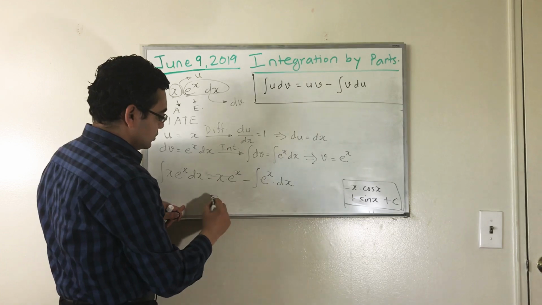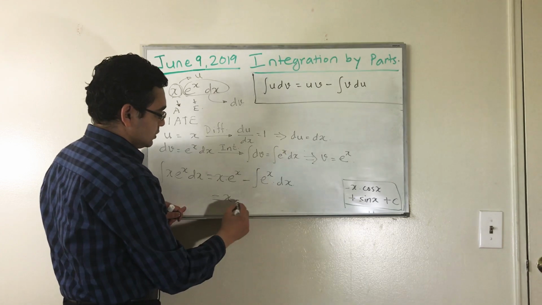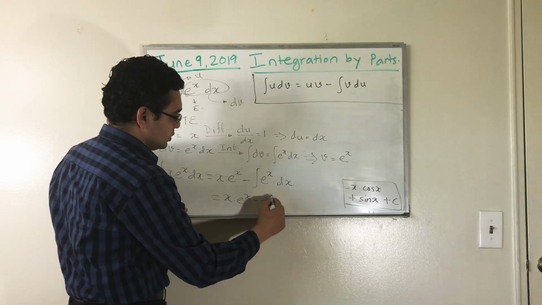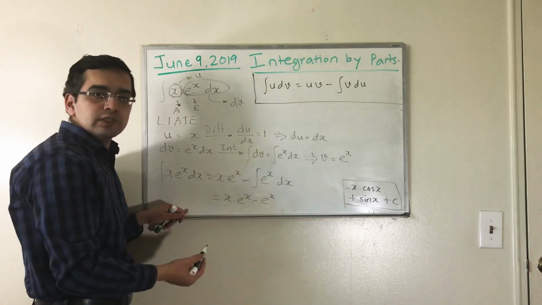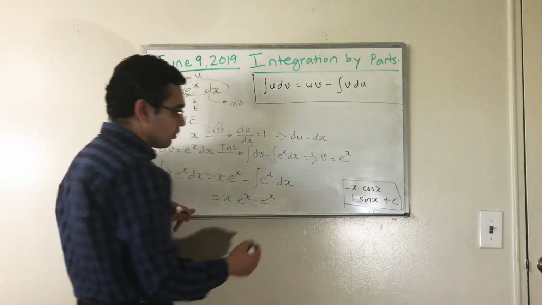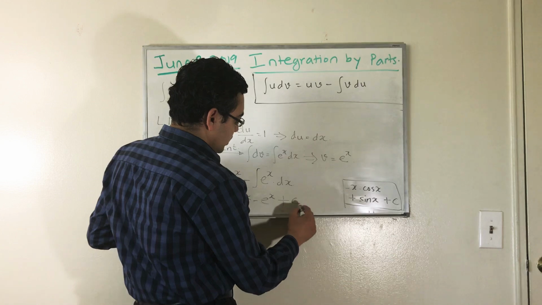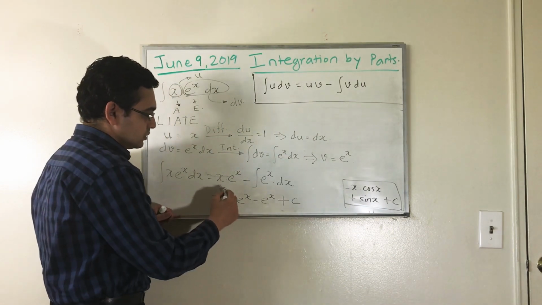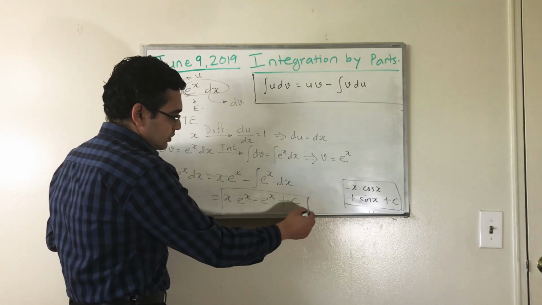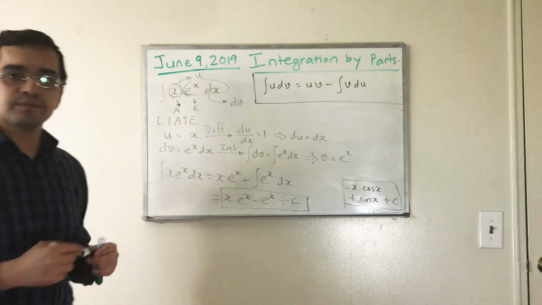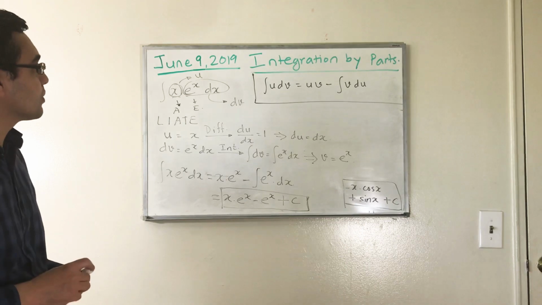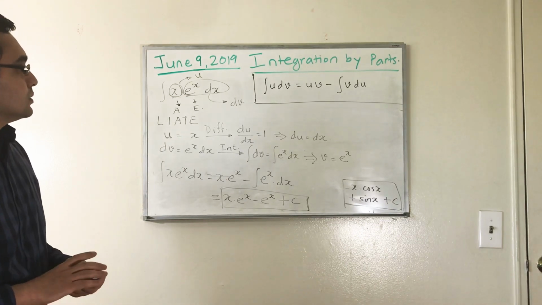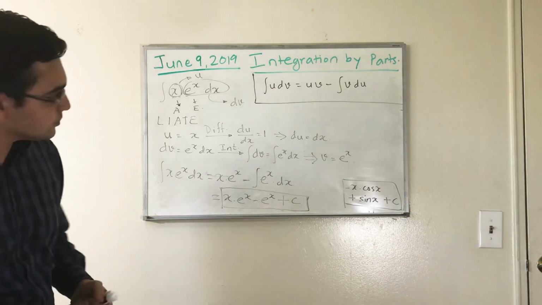So my final answer is x e to the x minus e to the x, because the integral of e to power x is just e to power x, and then I add a constant, plus c. Alright, so this is the final answer.